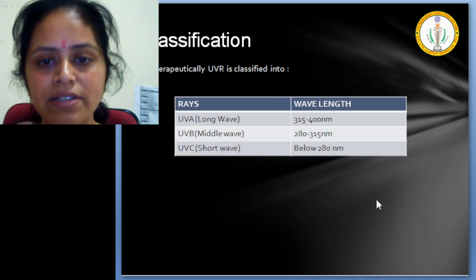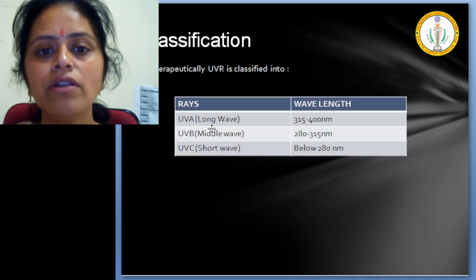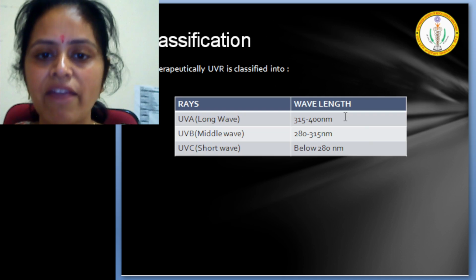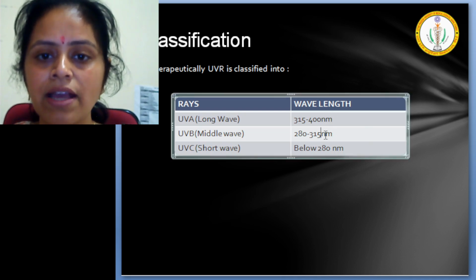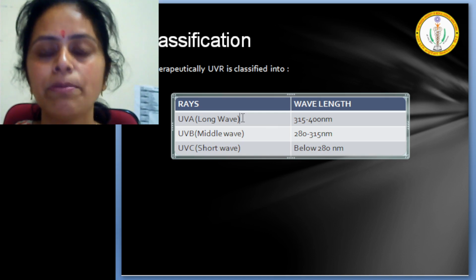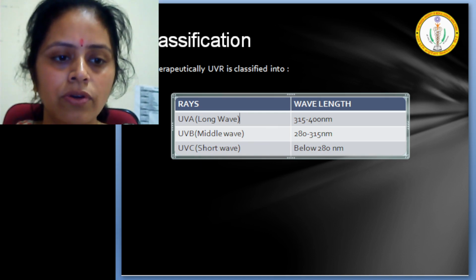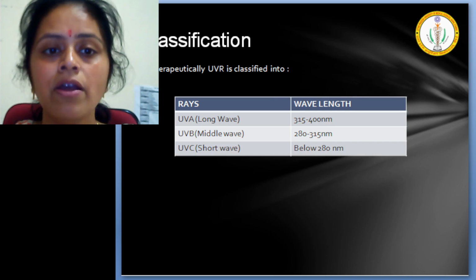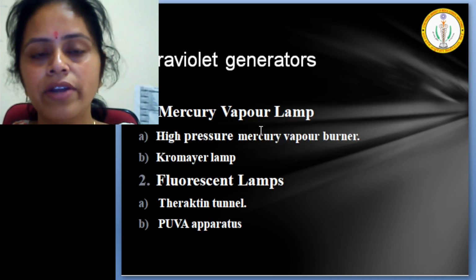But what I have discussed here are the artificial ways of producing these natural wavelengths in the machine itself for therapeutic purposes, just to treat patient conditions. Here I am going to tell you one more thing: why are we studying these UV radiations?